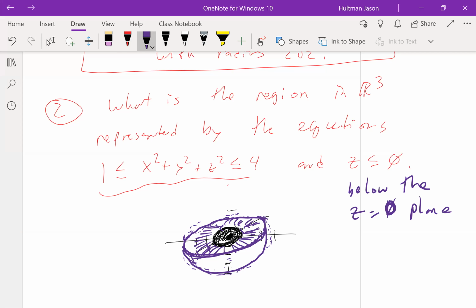So it's this volume between r equals 1 and r equals 2. Sorry, it should be 2. And then it's everything in between.